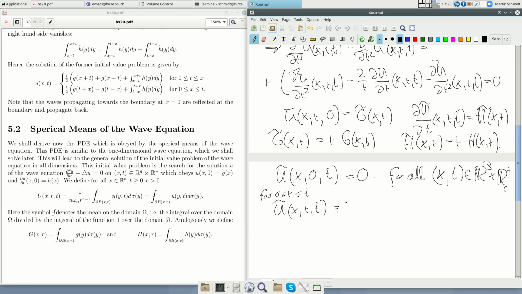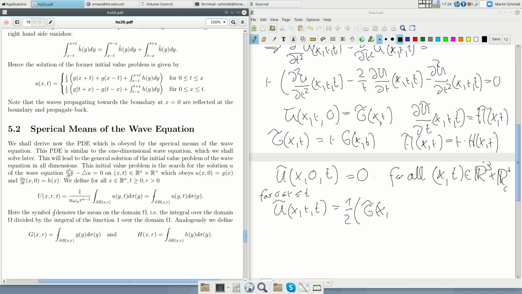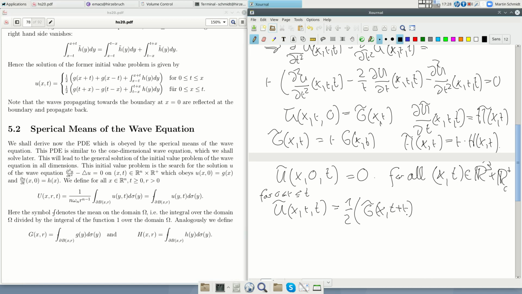Then we get 1/2 of g tilde of x, t plus r, minus g tilde of x, t minus r, plus 1/2 times the integral from t minus r to t plus r of h tilde of x and y dy.